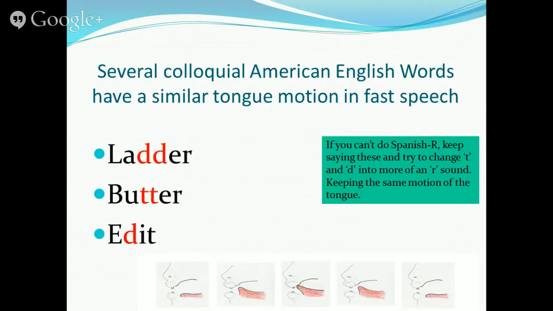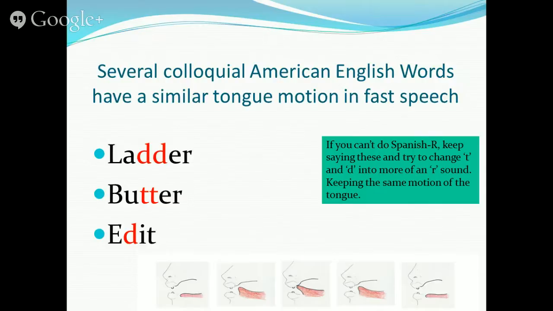Think about it. Just look in the mirror if you have to. Feel your tongue. This doesn't happen if you're trying to really pronounce out the word carefully, but if you say it fast, ladder, butter, you notice that your tongue is flicking your gum.